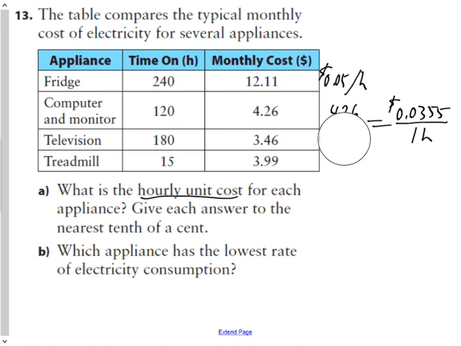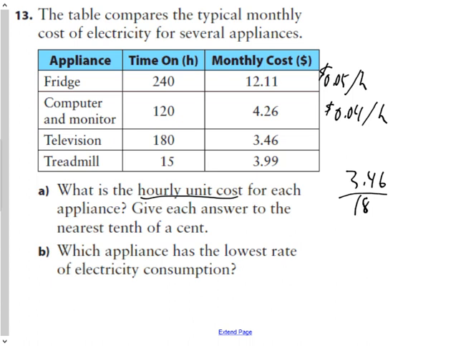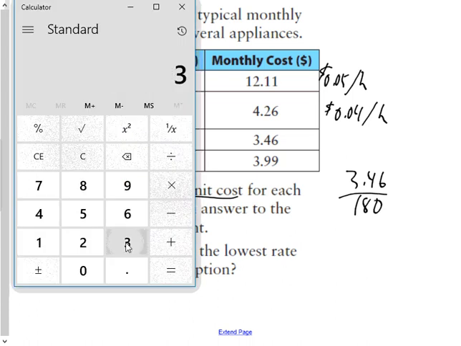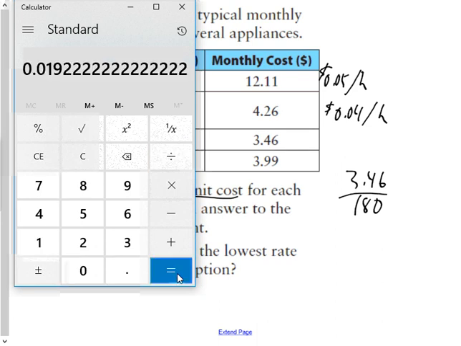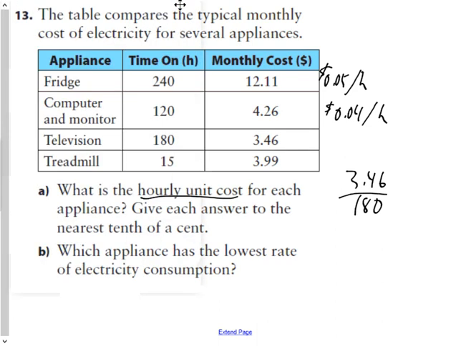So I'm going to round it up to the nearest cent, approximately 4 cents per hour. The television, $3.46 for 180 hours. Divide your 3.46 by 180 hours. It's roughly, approximately 2 cents per hour.